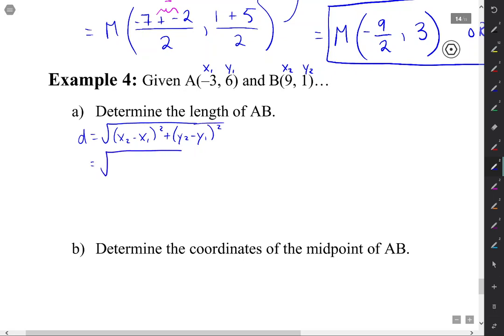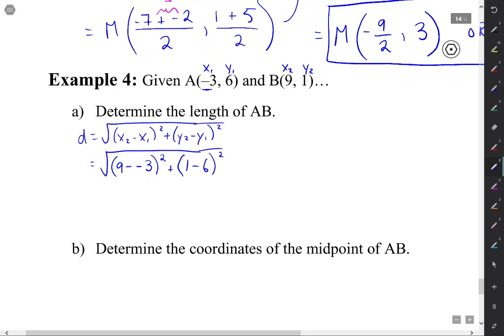So we're going to plug in what we have, x2 and x1. For x2 we have 9, and then it'll be minus. Now be careful because the x1 value is negative 3. So we're actually going to have 9 minus negative 3 squared, plus y2 is 1 minus y1 is 6 squared.